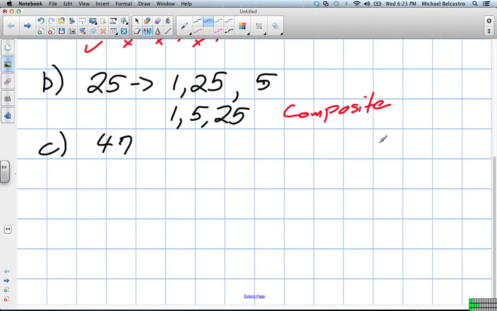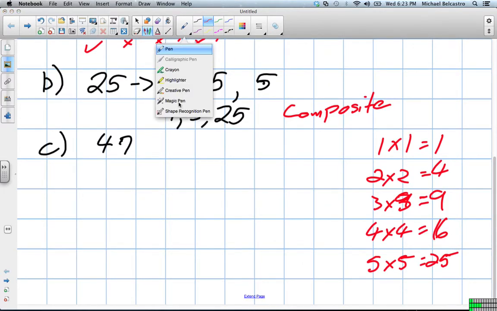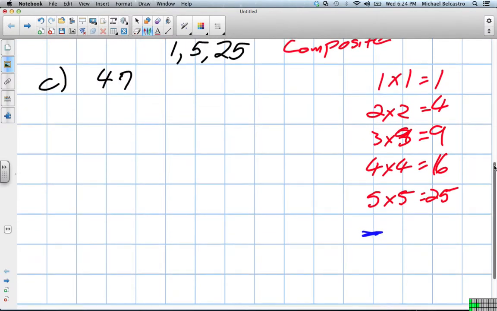For instance, if I squared 1 times 1, what do I get? 1. 2 by 2 gives me? 4. 3 by 3? 9. 4 by 4? 16. 5 by 5? 25. Are we there yet? No, so we've got to keep going. What this is going to tell us is what number we essentially need to test up to. And once we start to memorize these numbers, it's going to be really easy.